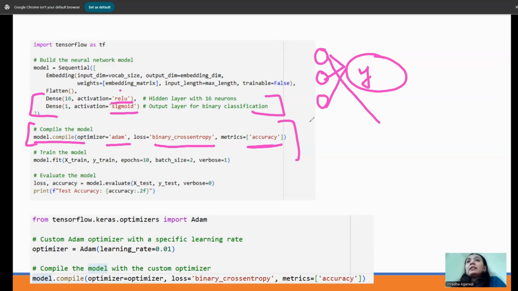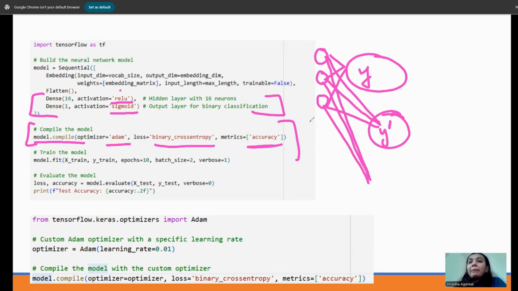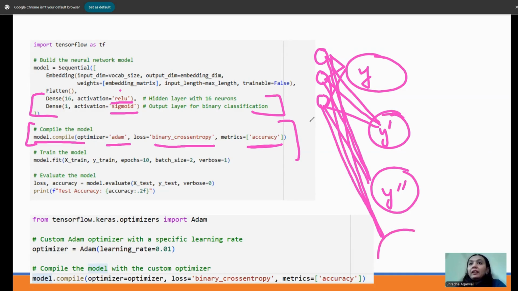And now this is going inside the second neuron. So this will be your Y computed, and this will be your Y prime computed. Now this will be your Y double prime computed. As many neurons as you take, it will keep on doing it. Now this will be a fourth neuron. So finally, it will be Y prime prime prime.